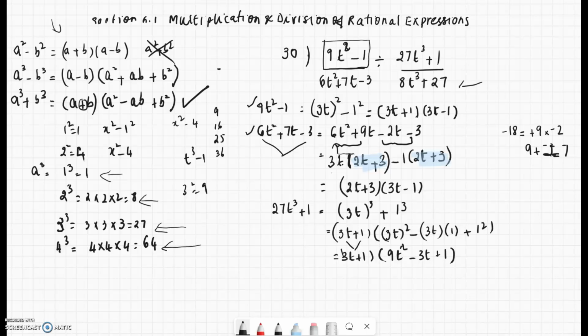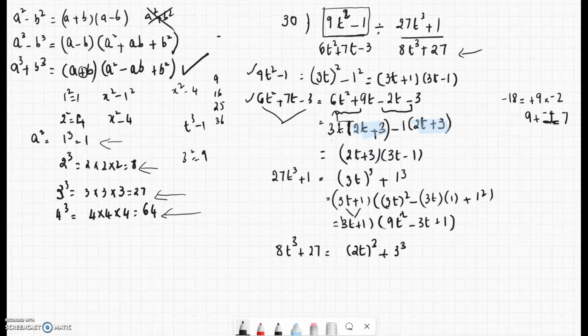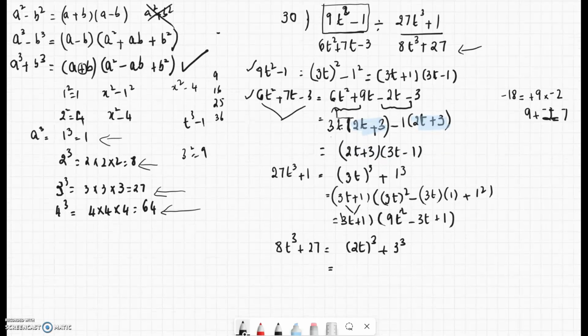Now let's factor this last expression. 8t cubed plus 27. It's a sum of cubes, so that's 2t the whole cubed, because 2 cubed is 8 and 3 cubed is 27. We'll use the same special product. Write down the numbers with the exact same sign without the cubes, and then we look at this.